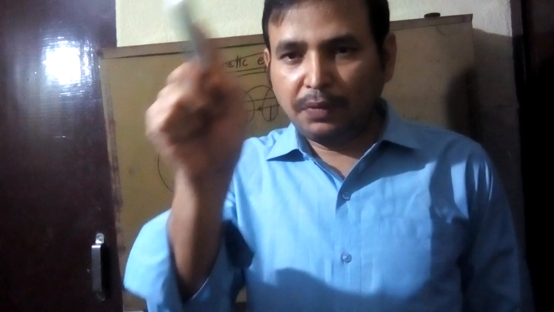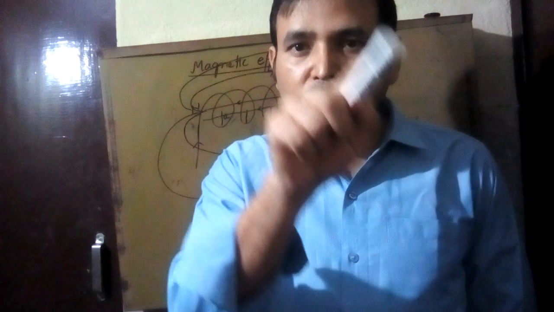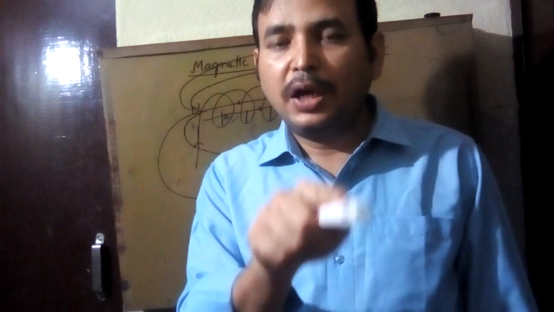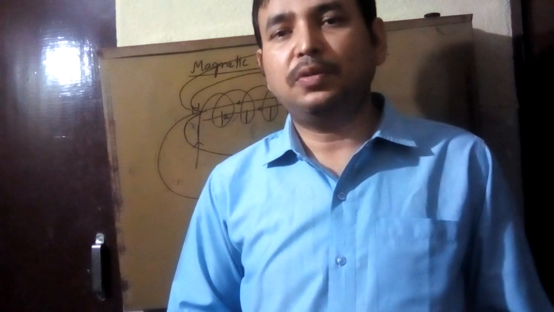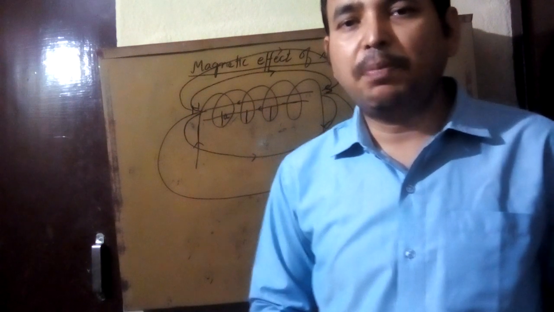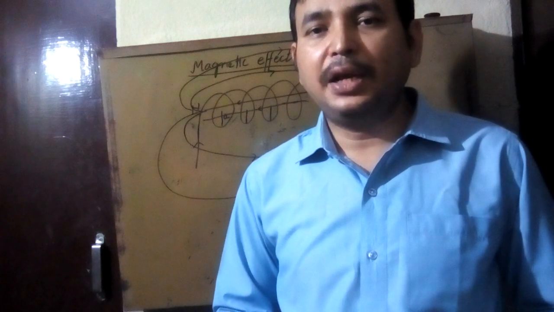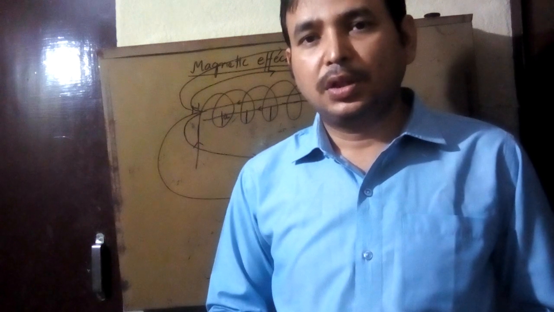I am observing from my side that current is flowing clockwise, but you are observing that current is flowing anti-clockwise. Means your side will be north pole and my side is south pole. So clock face rule is used to determine the polarity of two poles of a current carrying solenoid.